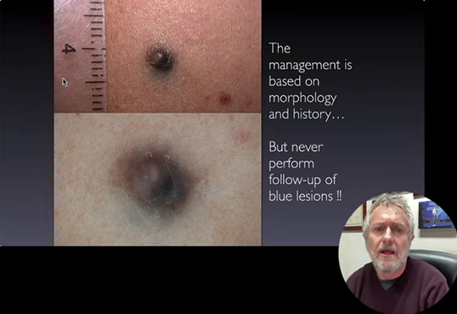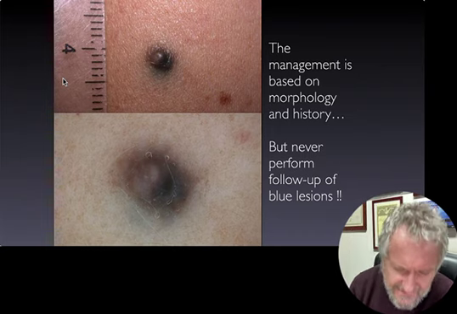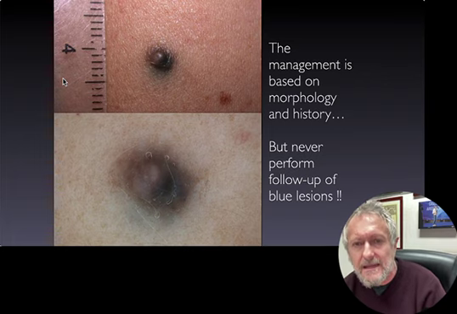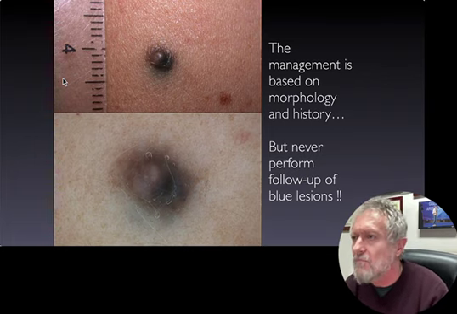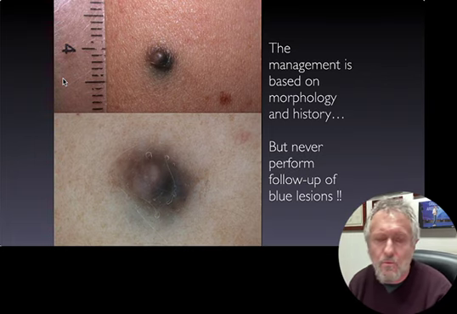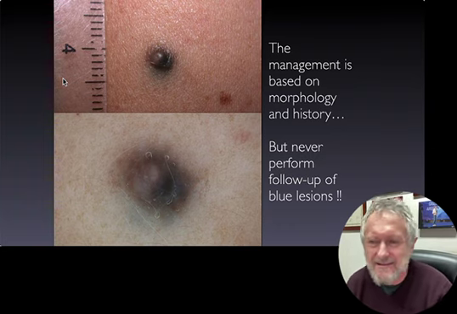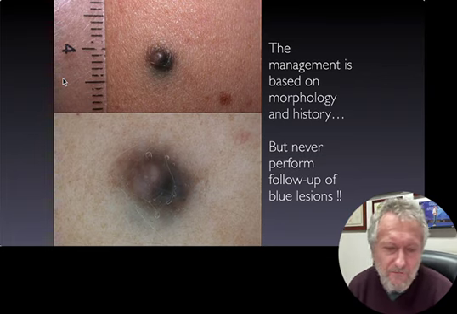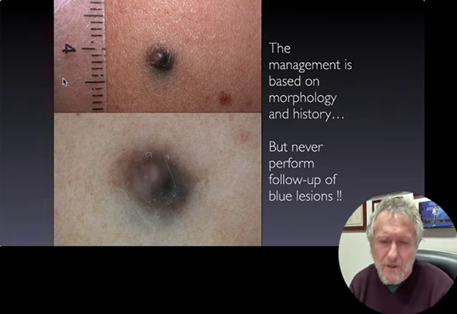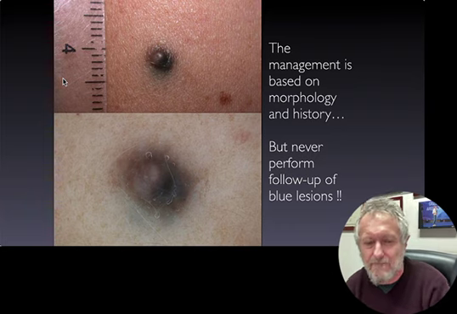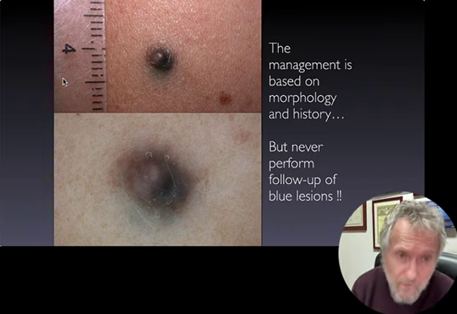Okay, so the management of blue nevi is very easy, meaning that usually they are morphologically typical, so we don't need anything more. But sometimes blue nevi can be a little peculiar from a morphologic point of view, like a case like this one, in which we were not completely sure: is this a blue nevus or something more worrisome?